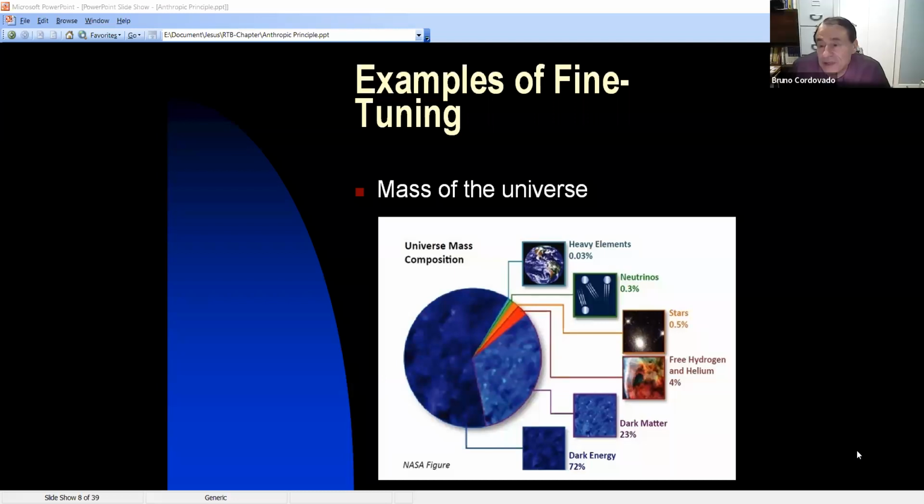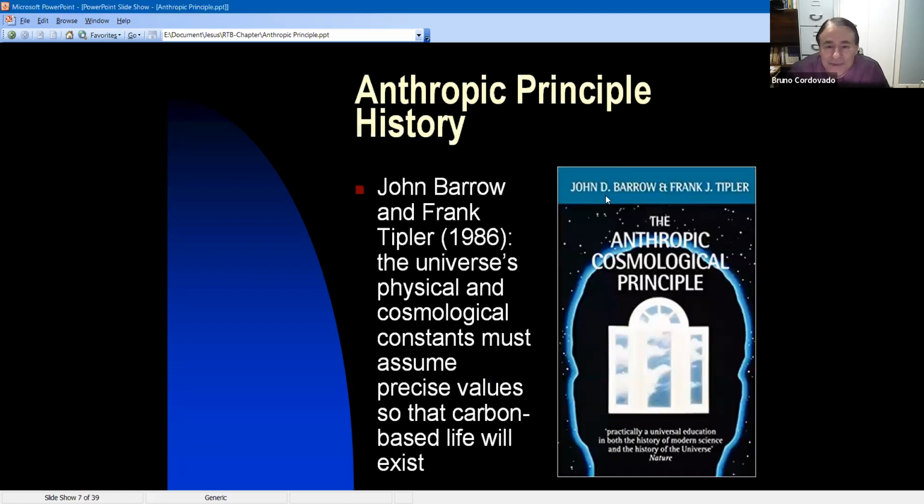Well, my opinion is that you can present the evidence to someone, but if they don't like the conclusion, they'll sort of block it out of their mind somehow and rationalize why that's not a possible solution. Even when John Barrow and Frank Tipler wrote this book, they had three possible causes for the fine tuning: either something about what they call the observer created reality, which doesn't make sense, the multiverse, or God.